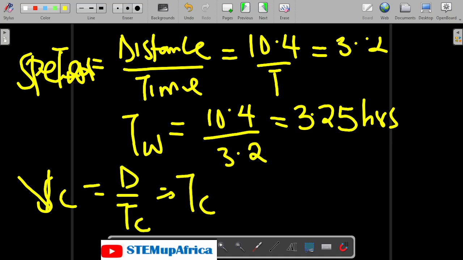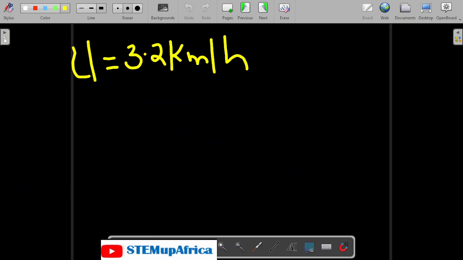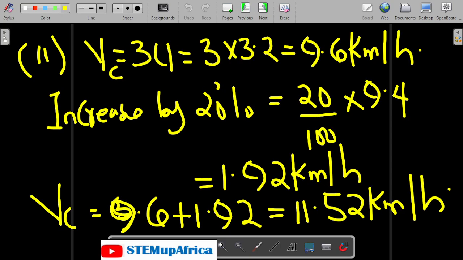Then speed for cycling, which is my VC, is the distance over the time for cycling. This implies that time for cycling will be 10.4 divided by the increased speed. Our increased speed was 11.52.